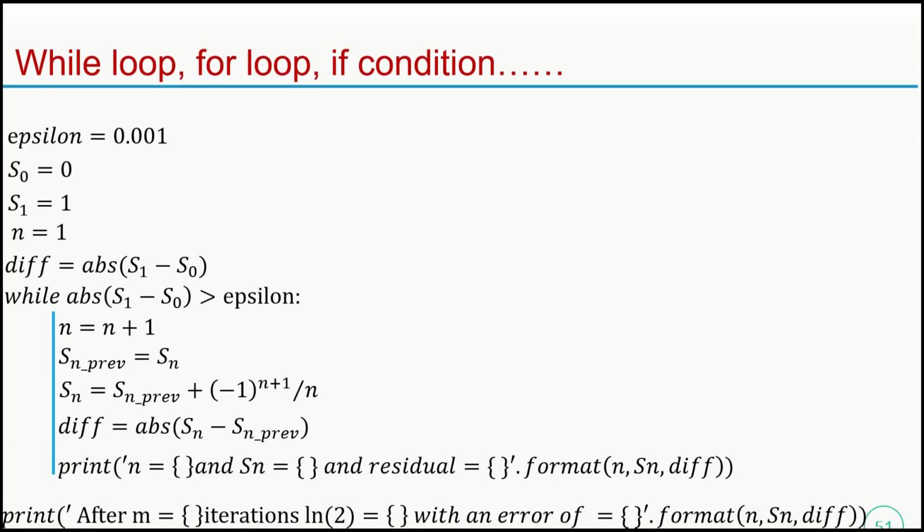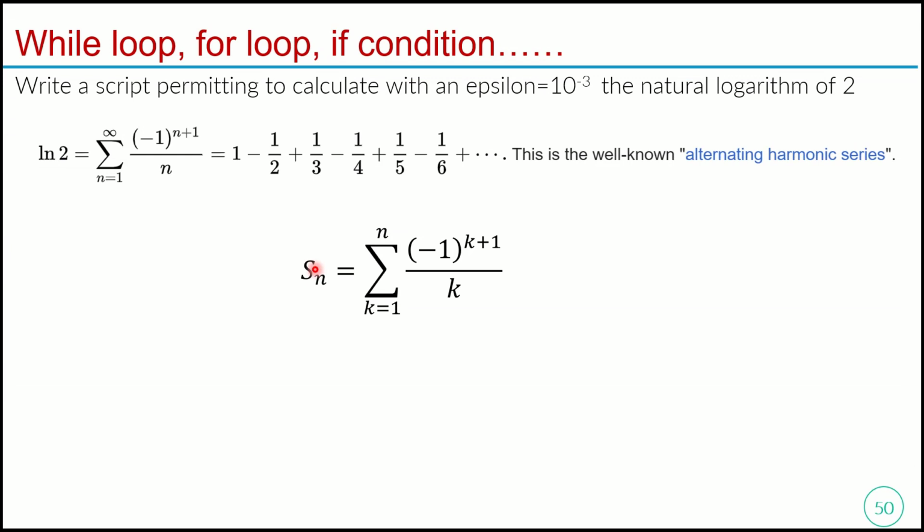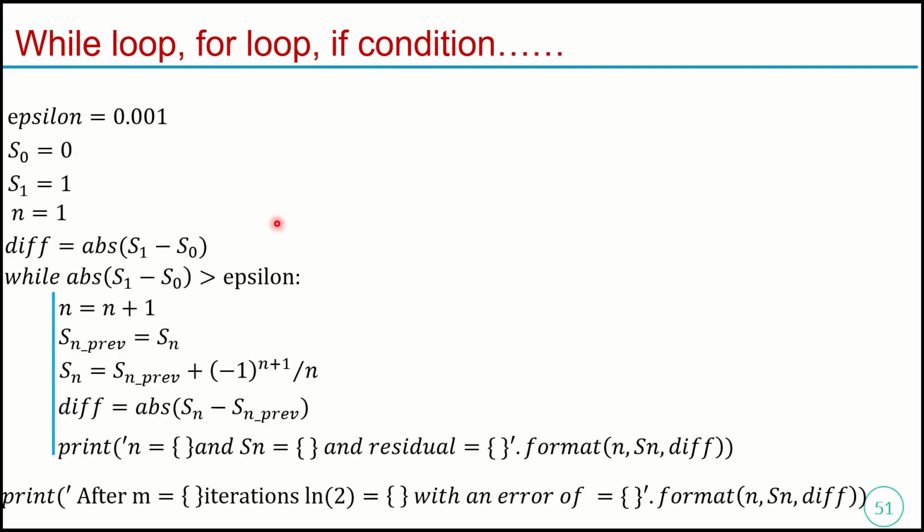So what we're going to do is the following. We define the precision, which is epsilon, a parameter. The first guess of my series is S0 equal to 0. I'm going to come back just to explain that S1 is minus 1 exponent 2 divided by 1, which is equal to 1, so I should initialize this correctly, and n is equal to 1.